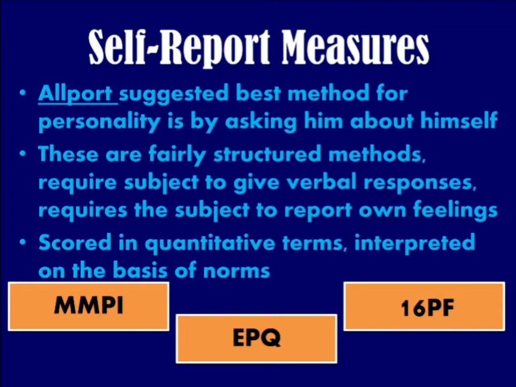That is why they are known as self-report measures. Also, keep in mind, these are direct techniques, and they are scored in quantitative terms, which means that every answer has a set score. And they are interpreted on the basis of already set norms. So some examples are MMPI, EPQ and 16PF, which we will discuss in detail later.